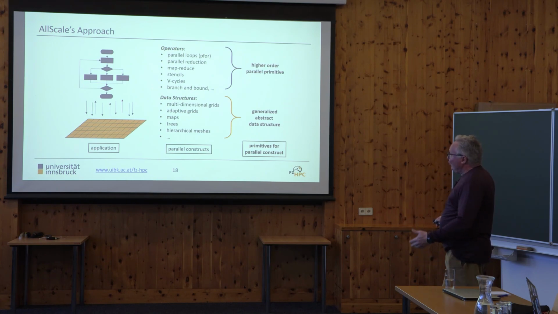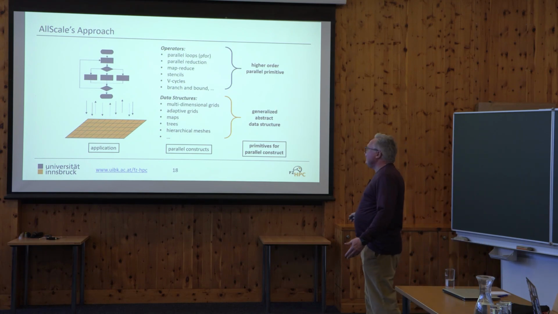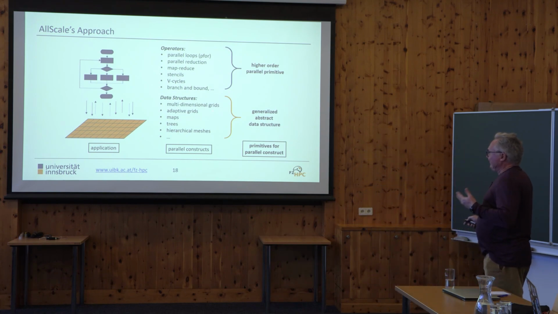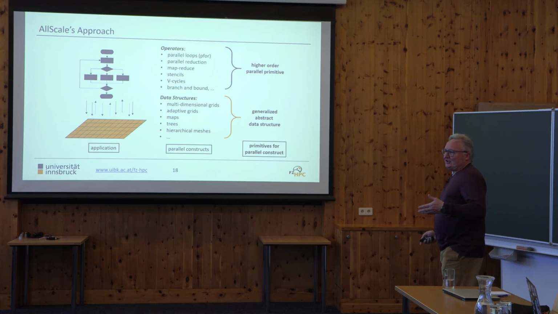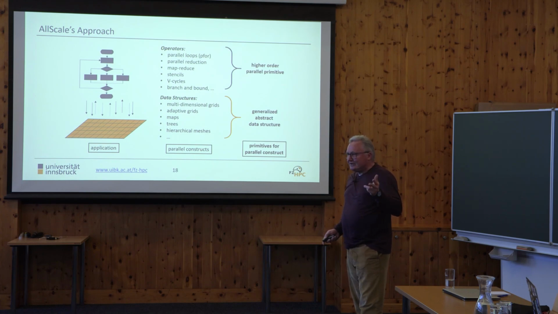And then in order to work with AllScale, you also had to use our own data structures. So we also offered C++ data structures as part of the AllScale platform for multidimensional grids, adaptive grids, maps, trees, and so forth. We could extend it. We actually developed a couple of them in order to drive our three use cases.